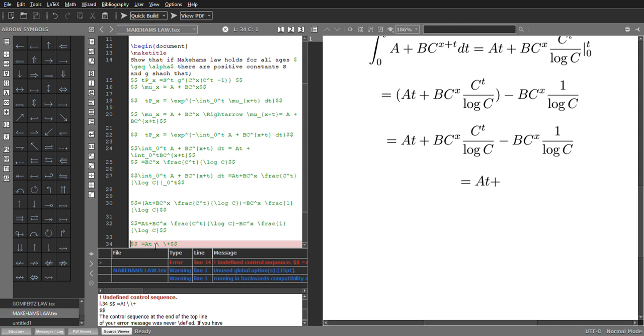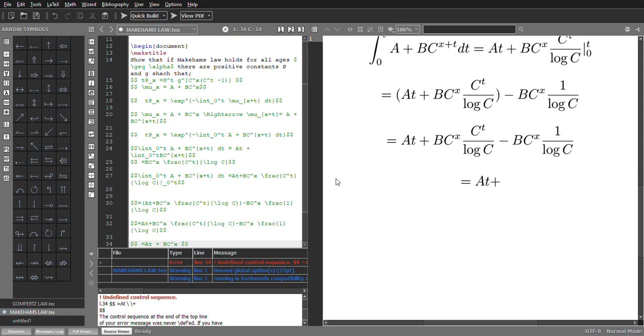Let's try and separate it. It just refused, so let's leave it that way. Okay, so we'll have bc raised to x multiplying into bracket.